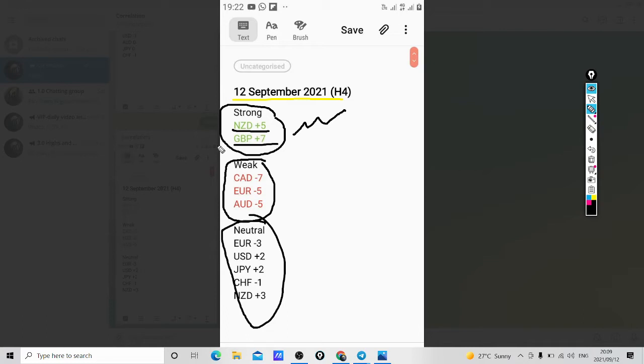Even if you go into any NZD pair or GBP pair, you'll see that all of them are pushing to the upside, obviously. And then the CAD and the Euro and AUD are pushing to the downside. And then these ones, which are neutral ones, most of them are ranging.